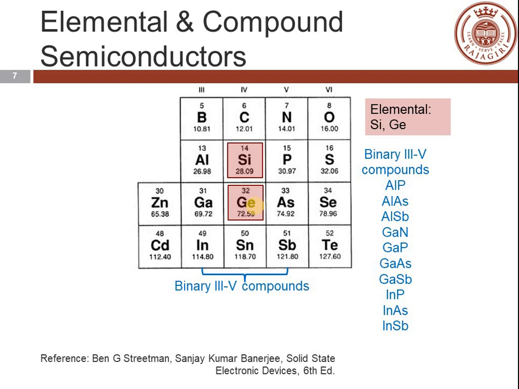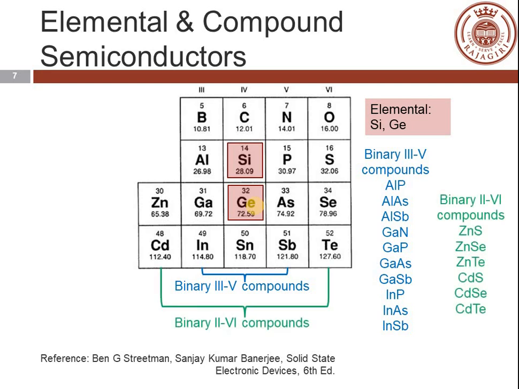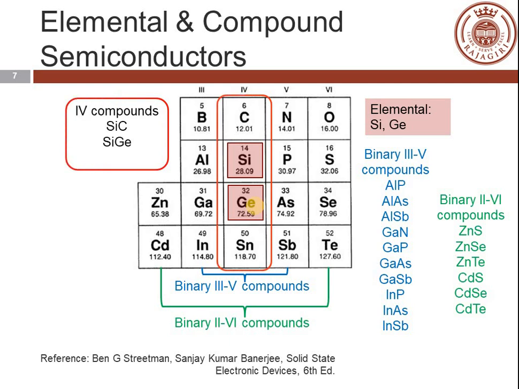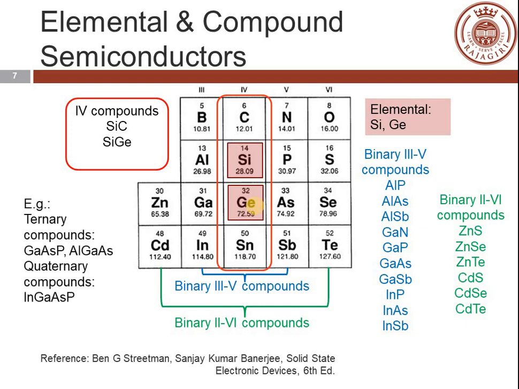Similarly, we can form binary compounds by combining elements of group 2 and group 6, like zinc sulfide, cadmium sulfide, etc. We can also form binary compounds within the elements in the 4th group, such as silicon carbide, silicon germanium, etc. It is possible to create ternary compounds such as gallium arsenide phosphide, aluminum gallium arsenide, and it is also possible to form quaternary compounds like indium gallium arsenide phosphide.